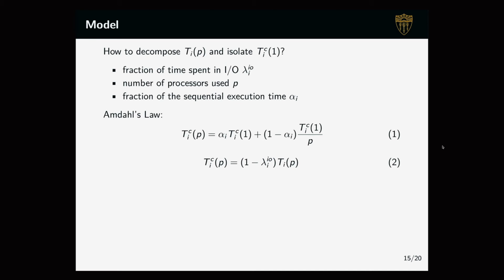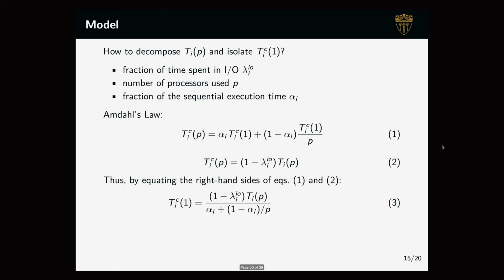T_i^CP is also equal to 1 minus lambda I/O times T_i^P. Basically, that's the raw execution time, where we have subtracted the I/O fraction. Then, when we equate each right-hand side, we obtain this formula.